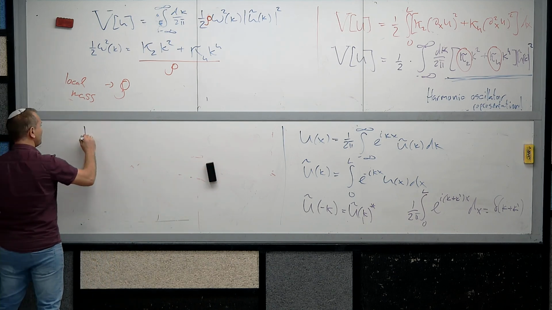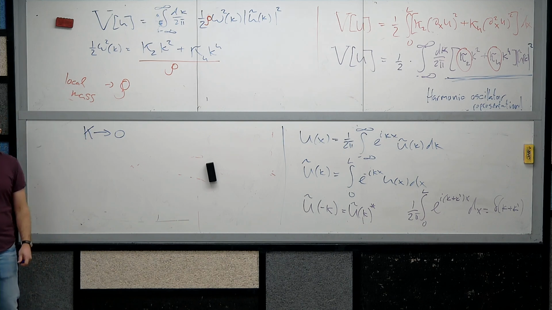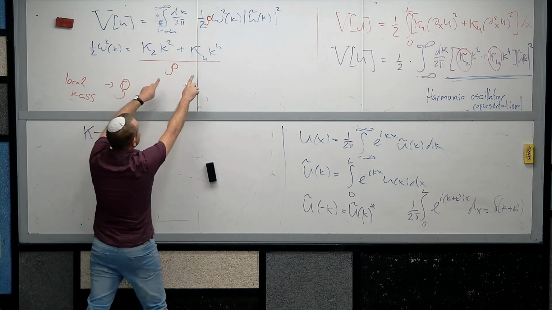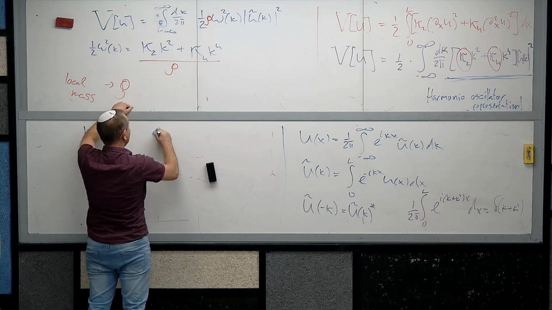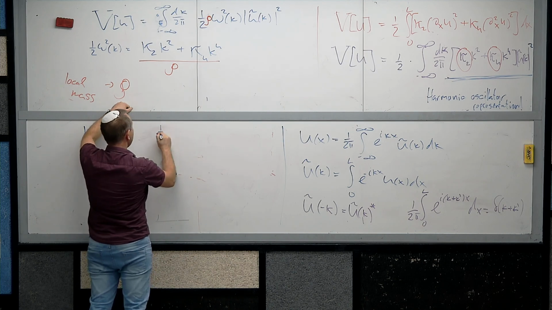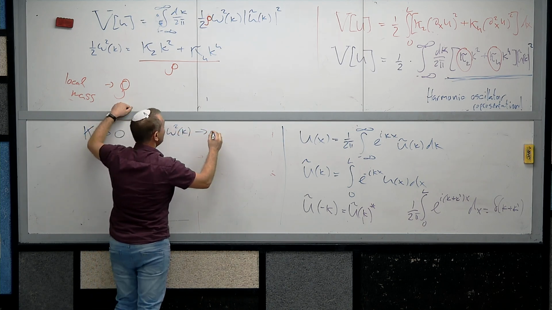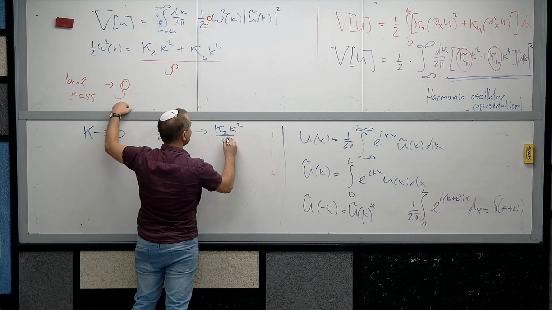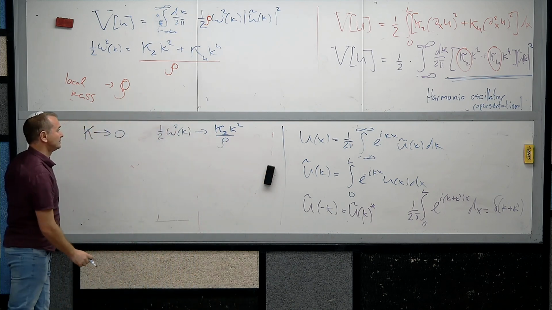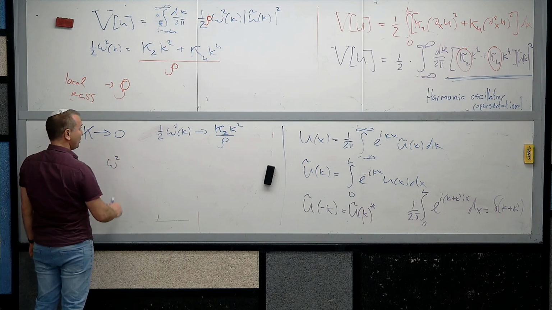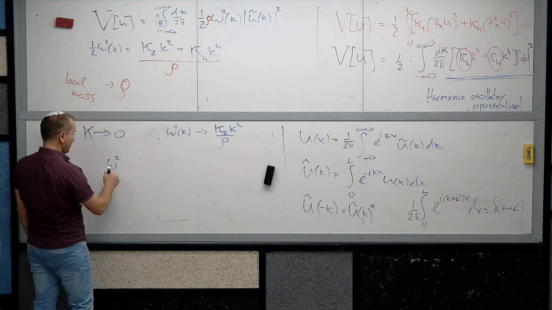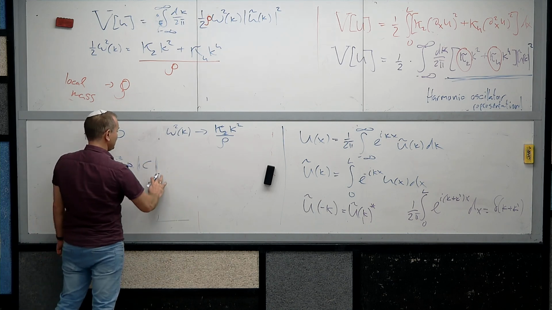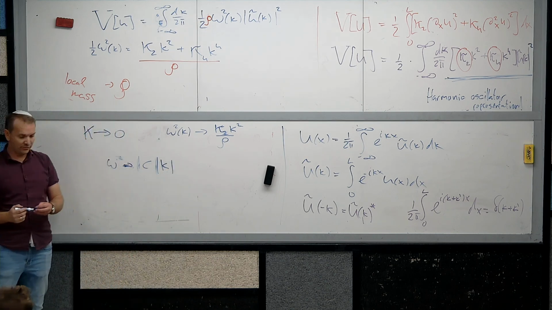So I know that when k goes to 0, the k to the 4th term becomes negligible, and 1/2 omega squared of k goes to kappa 2 k to the 2nd power divided by rho, and omega is just some constant c multiplied by the absolute value of k.